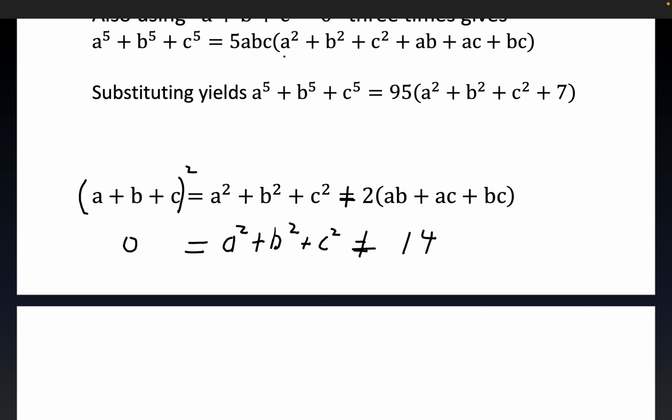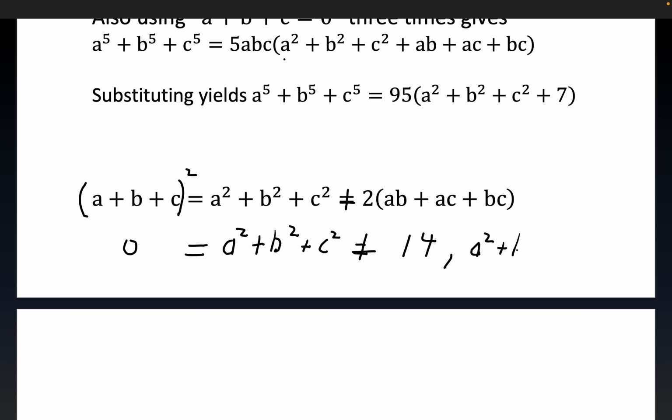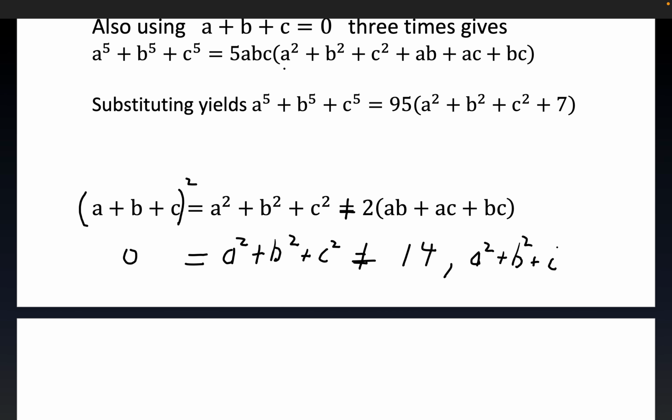But what this implies is that a squared plus b squared plus c squared equals negative 14. See there, voila. So that helps a lot.